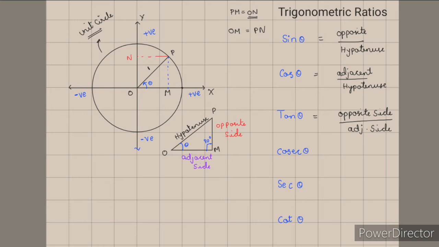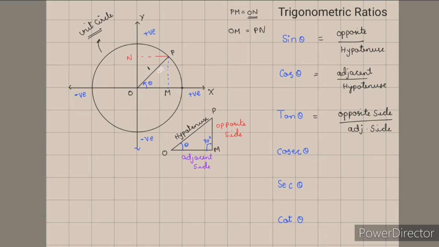We know that tan theta is nothing but opposite side by adjacent side. So in this case, tan theta will be PM by OM, which is the ratio of opposite side by adjacent side, or we can say the ratio of sin theta and cos theta. So tan theta is nothing but sin theta by cos theta. In sin theta and cos theta, we assumed that the hypotenuse is 1.